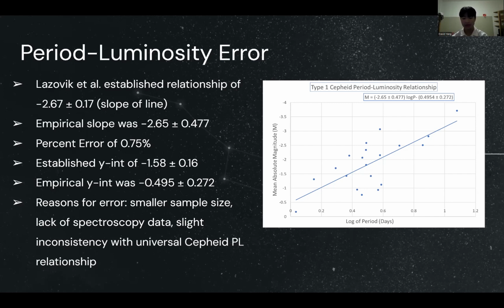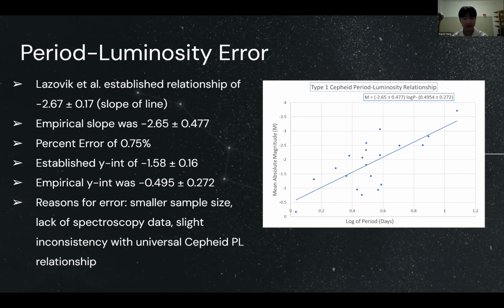And they are made out of slightly different elements that would be able to be distinguished if we had spectroscopy data. And type 1 and type 2 Cepheids display slightly different period luminosity relationships. And so there is a chance that our graph is slightly skewed, as edge cases from type 1 and type 2 could have served to slightly skew the data.